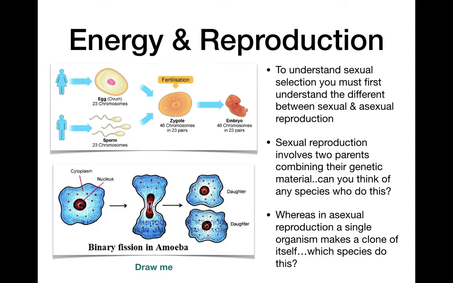Some other types of protists do this, like euglena, like paramecium, other kinds of organisms like that. Okay, so we have sexual, combining 2 different DNAs, and we have asexual, copying 1 DNA. This is the image you need to draw, because I think everyone has an idea really clearly what sexual reproduction is. But here, might be a newer process for you, so please draw this out. I'm sure it's an amoeba as an example.